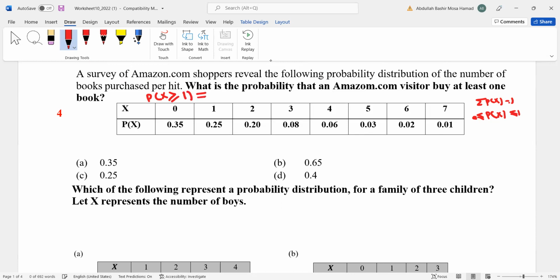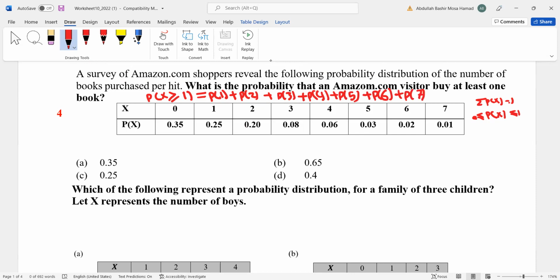This means P of 1 plus P of 2 plus P of 3 plus P of 4 plus P of 5 plus P of 6 plus P of 7. That is too long a story.